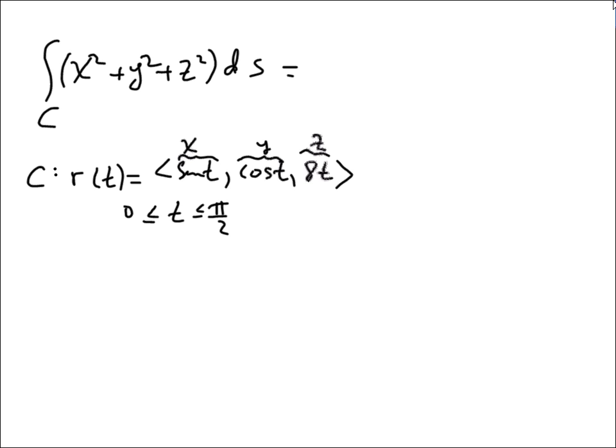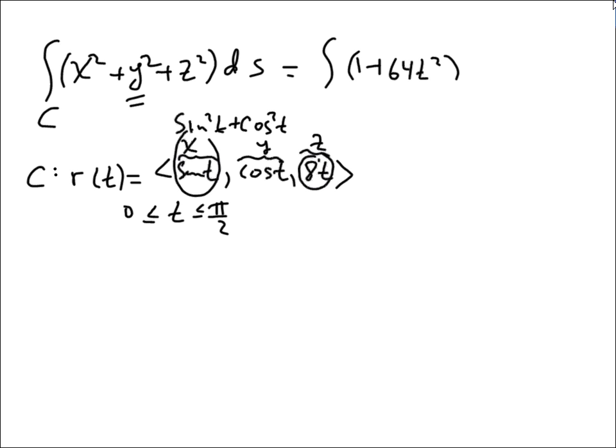So x squared would be sine squared t plus y squared, cosine squared t. That's 1. Plus z squared. Z squared is 64t squared. Now we need to find r prime and the length of it.